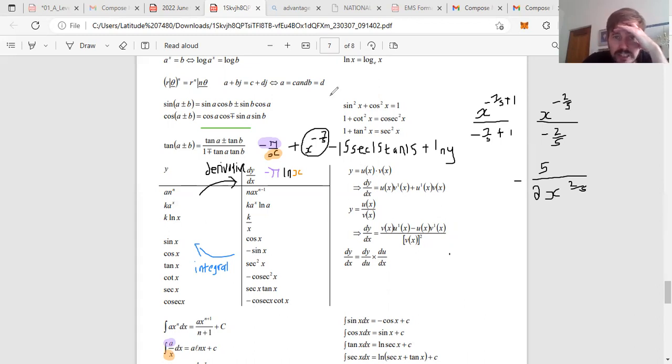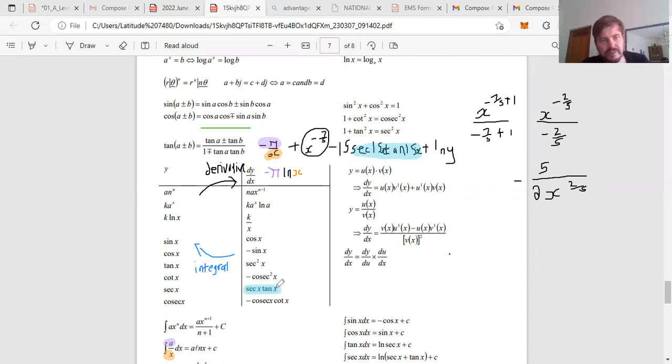Then this one, sec 15x tan 15x, looks suddenly very confusing. This is an x, yes, 15x and tan 15x. It's right in the formula sheet. So if I highlight that in yellow, in light blue, it's over here and over here.